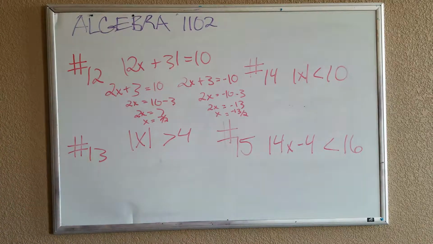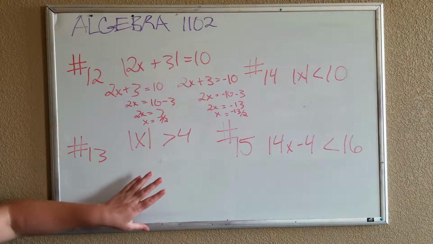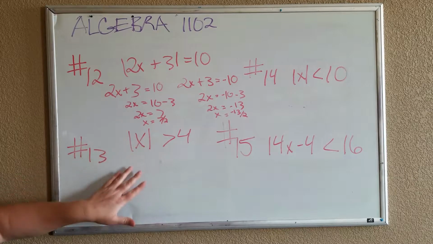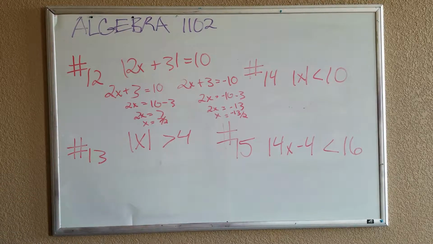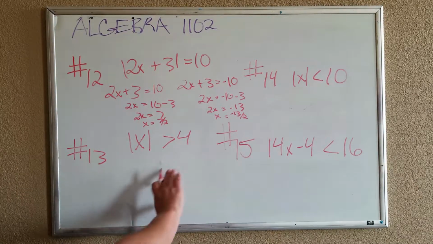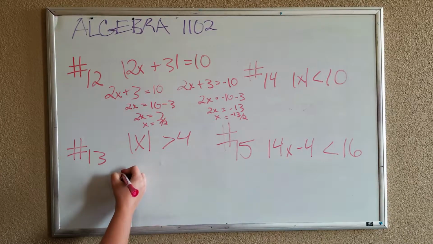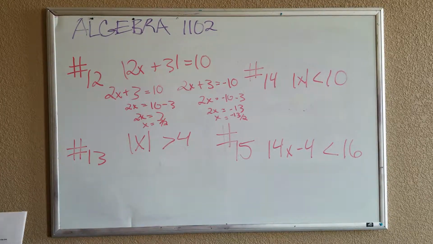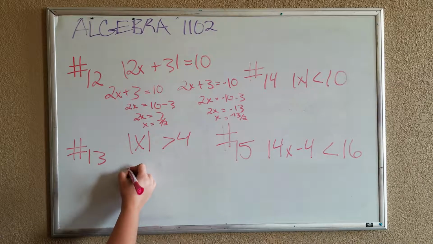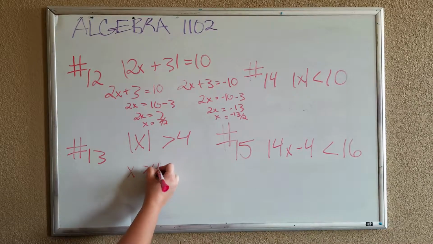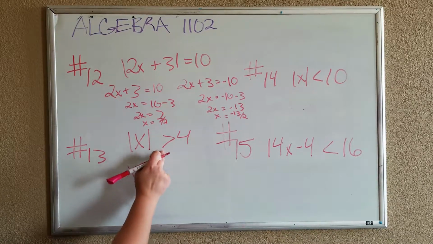All right? So then next on problem 13, they're going to evaluate an absolute value with an inequality sign. So when you move your absolute value, and we got your plus or minus, for positive, it stays the way it is. So it would say x is greater than 4, but when you show your negative, this sign will flip.